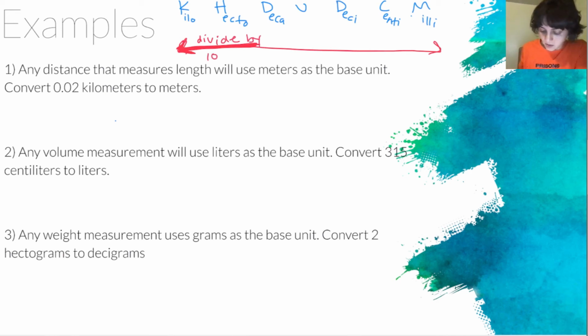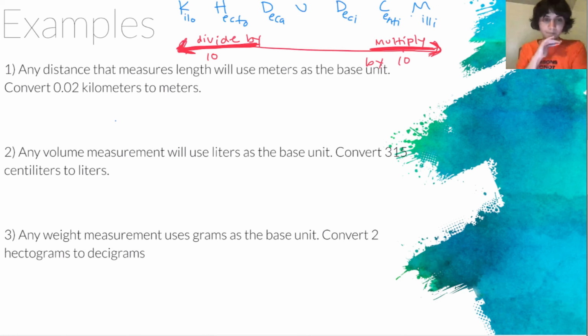And then as I move right, I'm going to multiply by 10 per unit, okay? So let me show you what this looks like. Let me prove this to you.